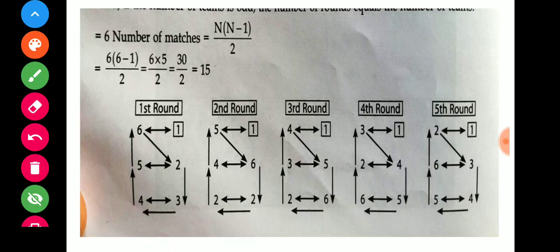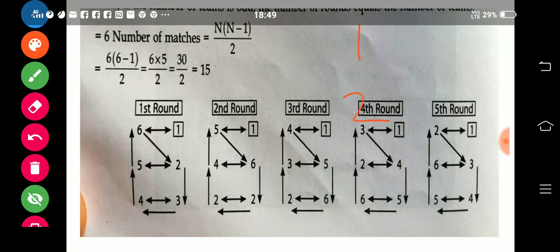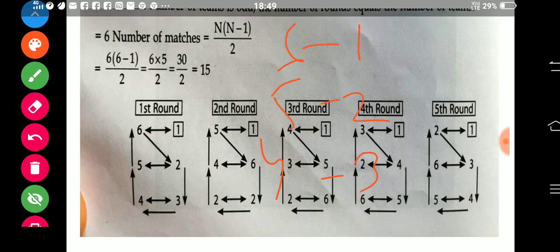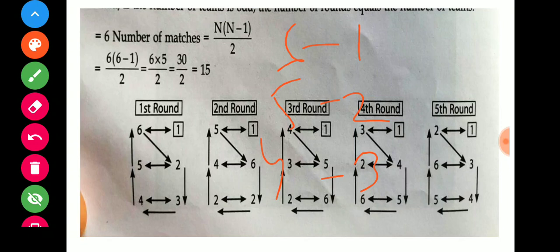Now the fourth round: 1 will be fixed, then 4 5, we have 6 but we do not have 7, then 2, then 3. One thing you have to remember is that we only use 1 2 3 4 5 6. Other than these digits, we do not use any other numbers.